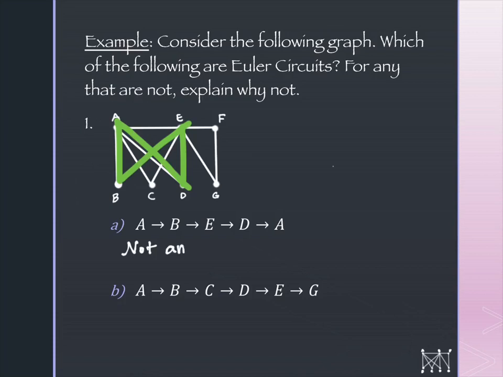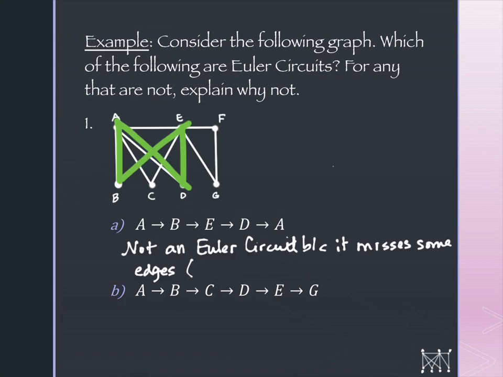It's not an Euler circuit because it misses some edges. I'm going to put in parentheses, so that it's hopefully in your notes too, that it is a circuit, though.